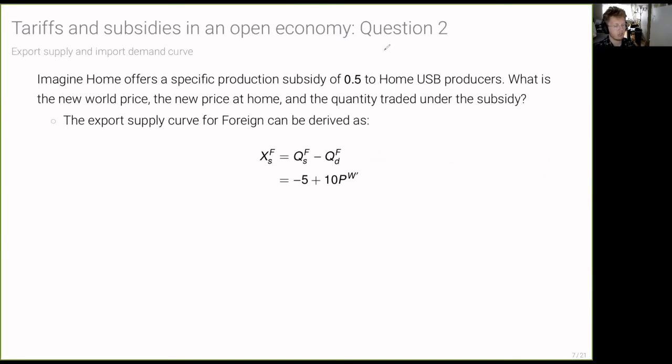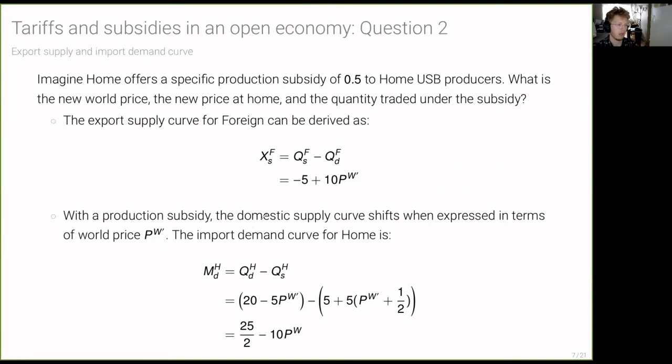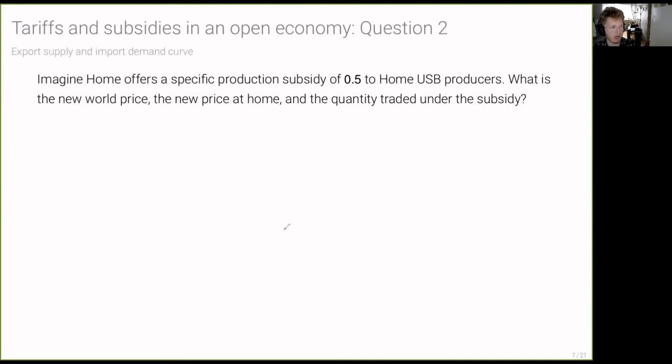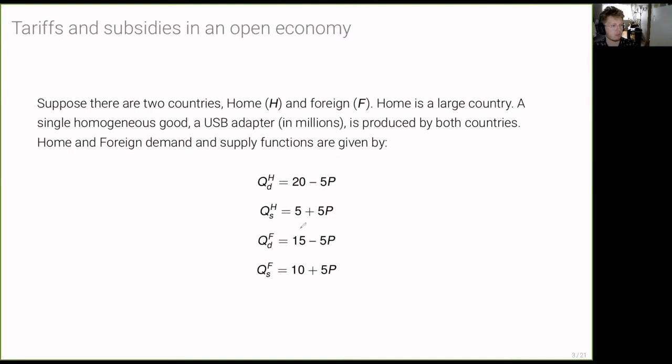So that doesn't change. What does change is, if we go back to what home's demand and supply functions are, well, home's demand stays the same. But before, this is what domestic producers were receiving.